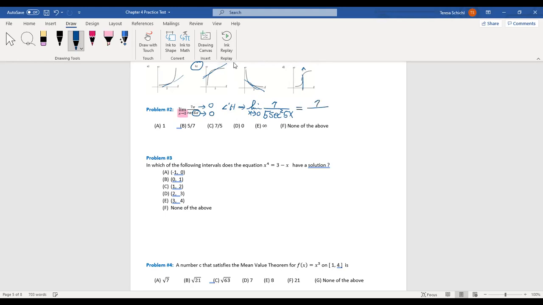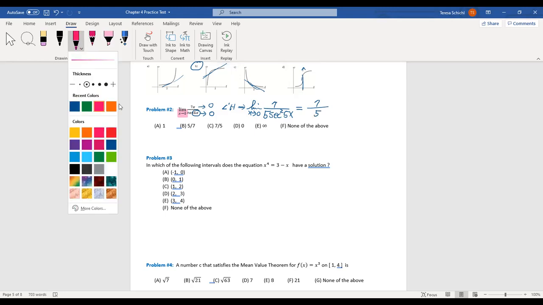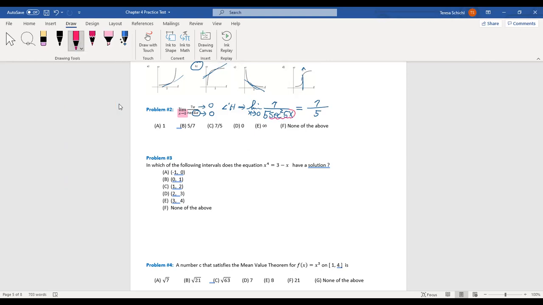The 7 has no x, so it's 7. Secant squared of 0 is 1 over cosine squared, and cosine 0 is 1, so that approaches 1 as x approaches 0, leaving 5 in the denominator. So the answer is 7 over 5.